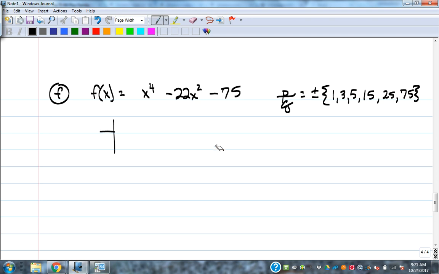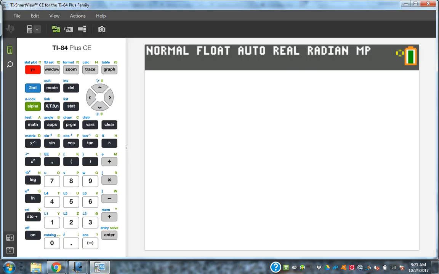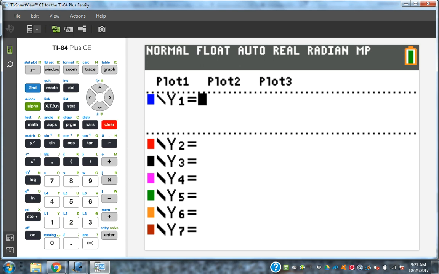When I set up my synthetic division, though, what do I have to put in there? A 0 for x cubed, a 0 for plain x. Now what do I do? Graph the polynomial: x to the fourth minus 22x squared minus 75.